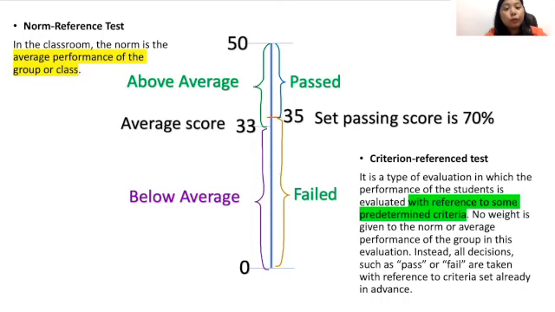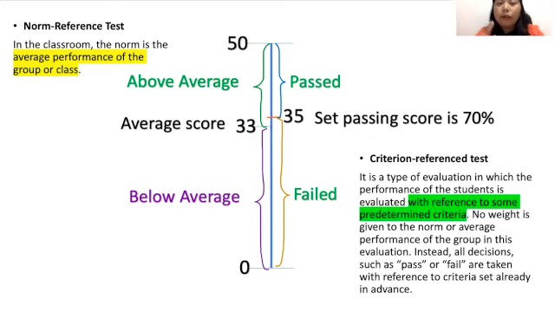To understand the norm reference test, let us understand first the term norm. In the community, a norm is a set of behavior or conduct followed or displayed by all the members of the community. It could be customs, traditions, practices that people normally do and follow in their community. In the classroom, the norm is the average performance of the class.